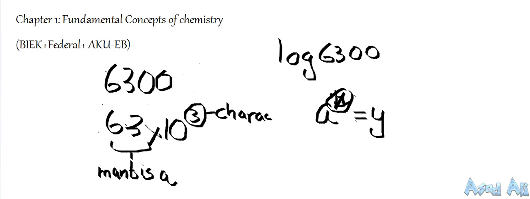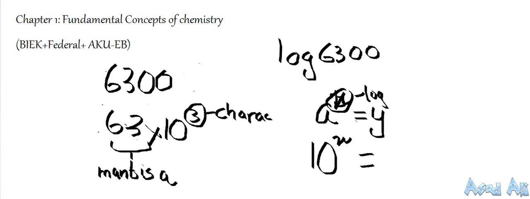This is the value of log. The power x is unknown. The power x is not the characteristic, actually it is the value of log. We can find the value of log like this.